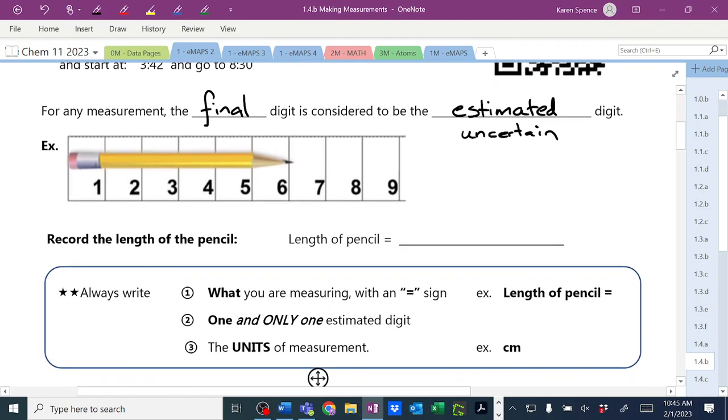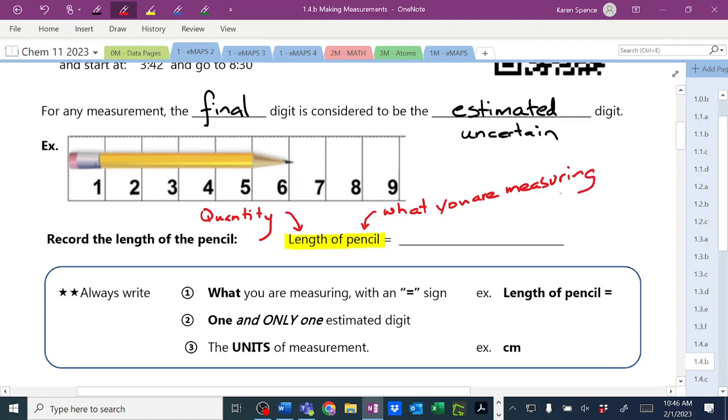Okay, so we're going to take a look at this and we're going to record the length of the pencil. And the first thing I want you to notice is that when we record the length of the pencil, we actually have to write length of pencil. You need to tell me both the quantity that you are measuring and the thing that you are measuring.